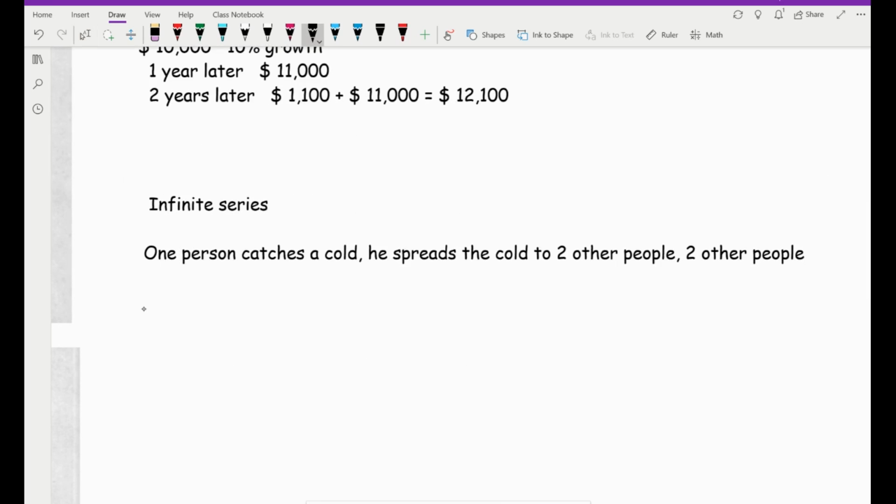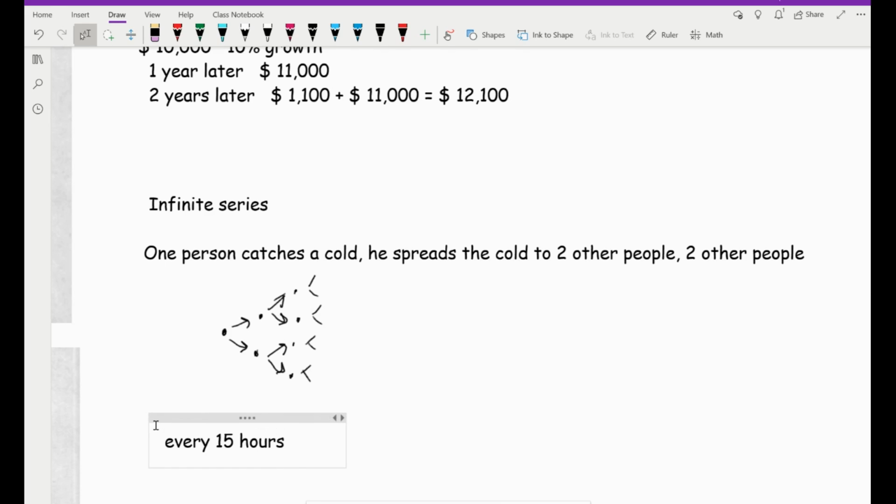So if I were to draw a picture here, here's one person. He spreads it to 2 other people. These 2 will spread it to 2 other people, and so forth. And we could keep going for a long time. Let's say I'll give you some numbers here. Let's say we know that about every 15 hours, the next round of people are infected.